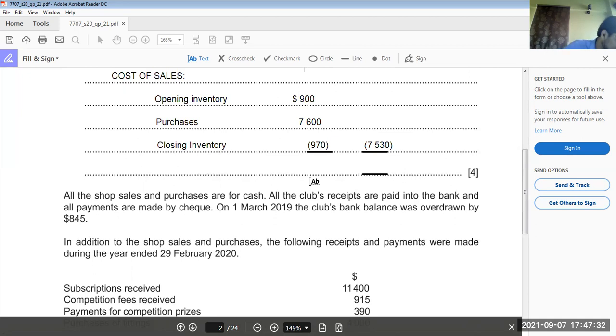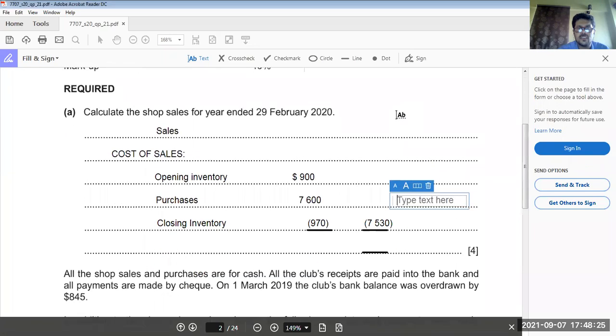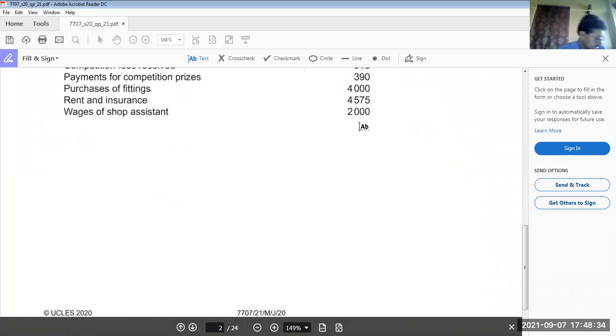The amount of sales will be 10,542, minus 7,530.